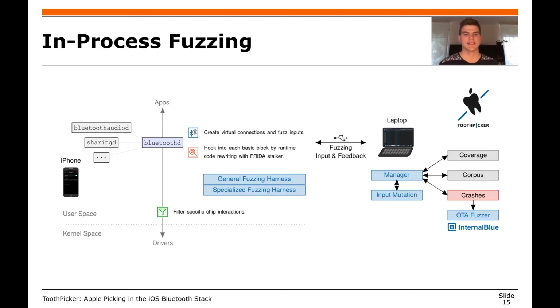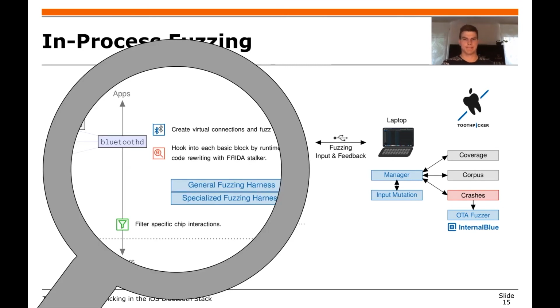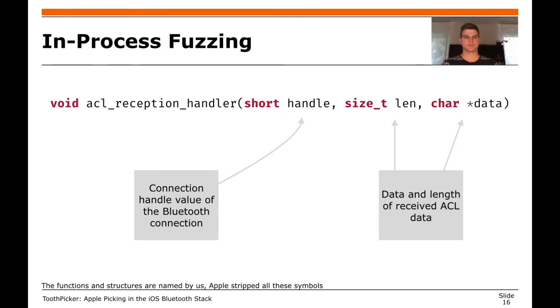Okay, so let's have a look at the more interesting part of the code that is actually injected into Bluetooth D. Please note that the following functions and structures that I'm going to show you are named by us, because Apple stripped all these symbols, so we don't really know what the actual function names are, and we just came up with whatever would make sense in our minds.